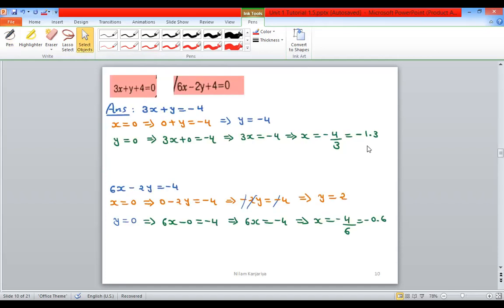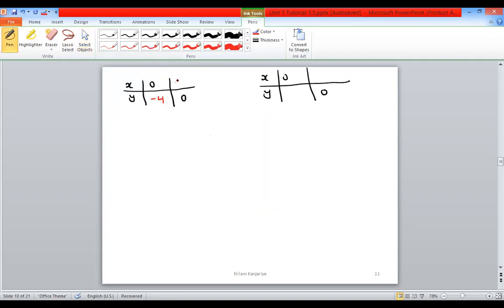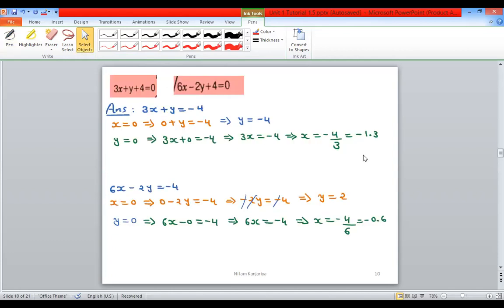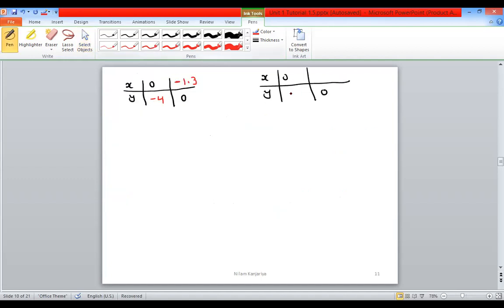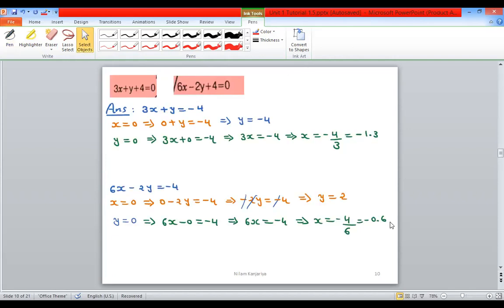Now y is 0, x is minus 1.3. Second, x is 0, y is 2. Y is 0, x is minus 0.6.